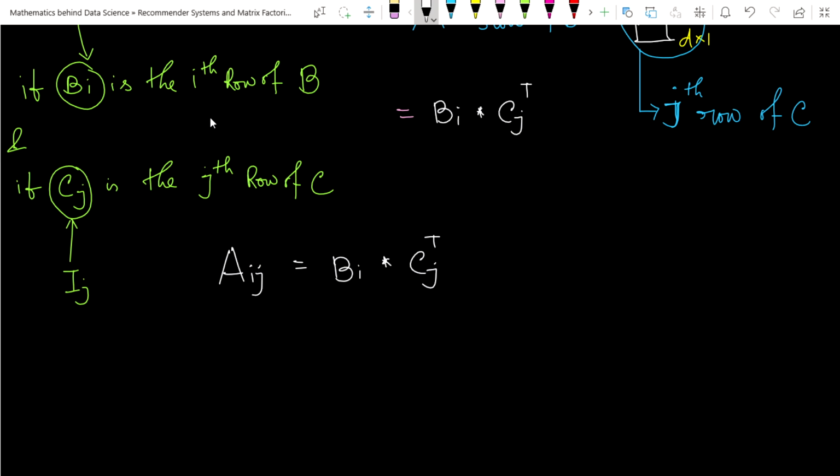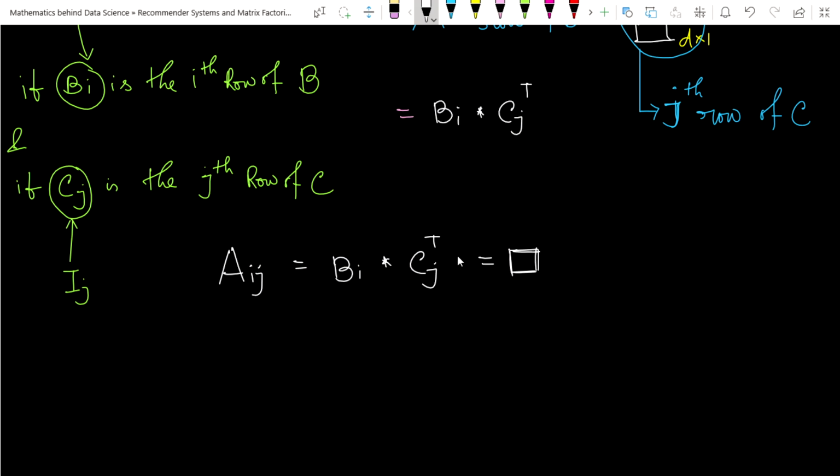Here bi is the ith row, which is responsible for each user, and Cj is responsible for each item. These values are actually sparse; for a sparse matrix, most of the values are empty.